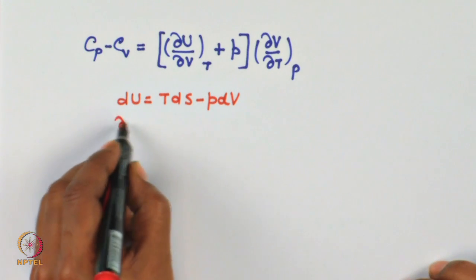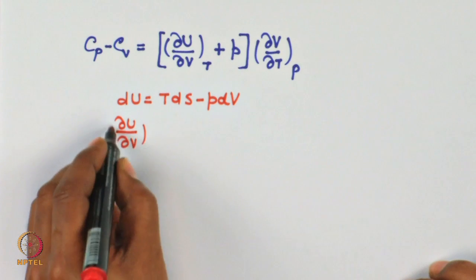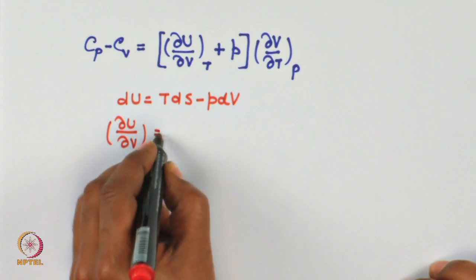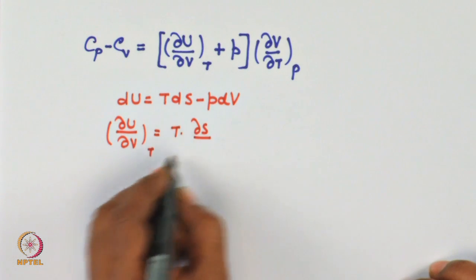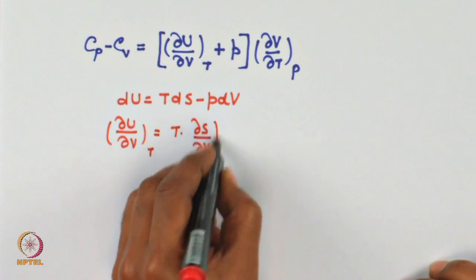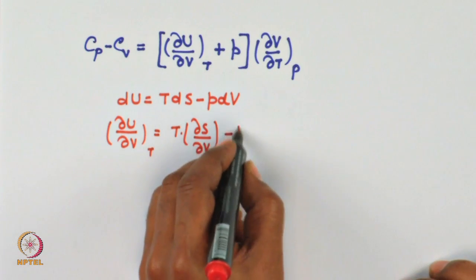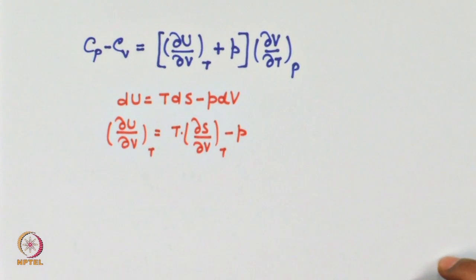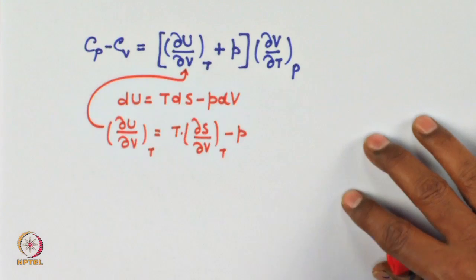So, if I divide throughout by dV at constant T, what I will get is T times the variation of entropy with volume at constant T, minus P. And if I substitute this over here, I will get rid of P.